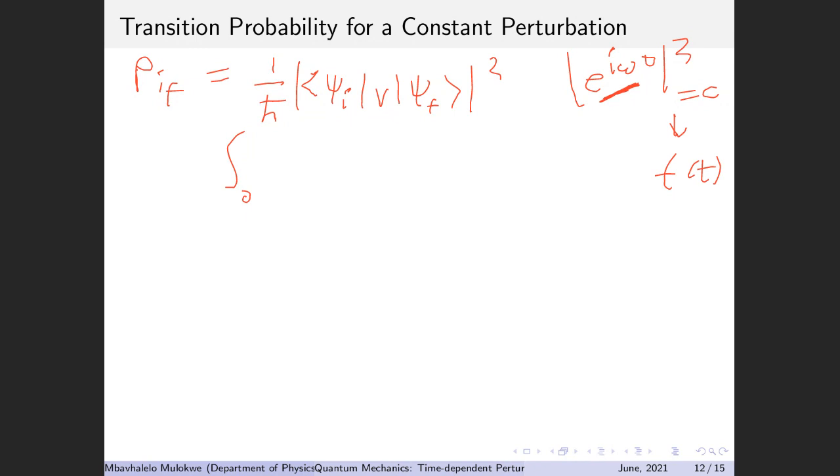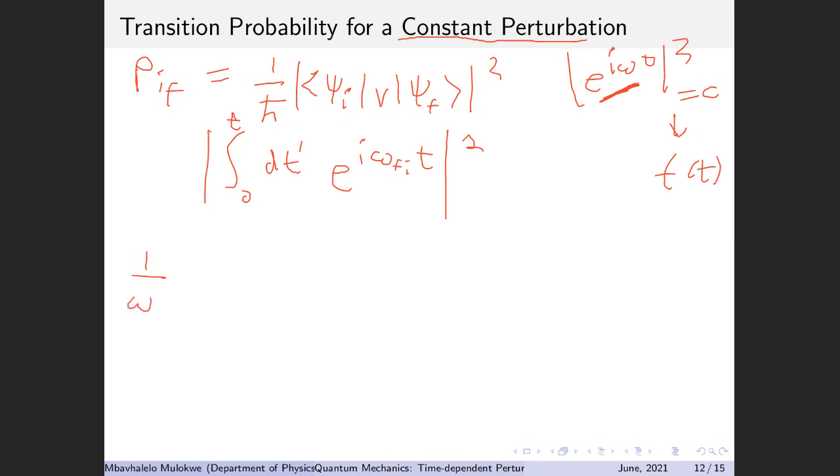So let's say you're integrating from 0 to t. I'm looking for the case where you have a constant perturbation. So you have to do an integral over dt, but if it's a constant perturbation, you can take it out of the integral over time. So you will be left with e to the i omega final initial t, squared. And everyone can do this integral.